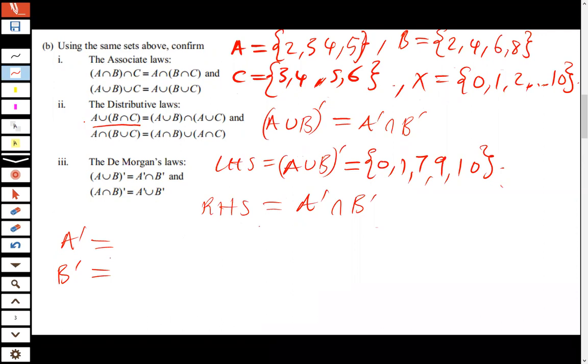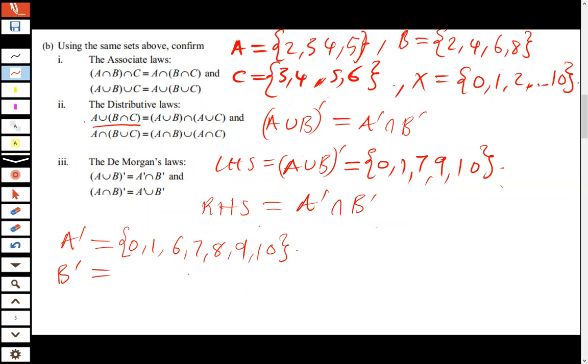So A complement, we have 2, 3, 4, 5 in A. So we list numbers in the universal set which are not present in A. So A complement is 0, 1, then 6, 7, 8, 9, including 10.